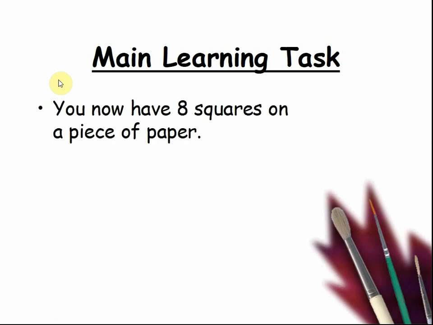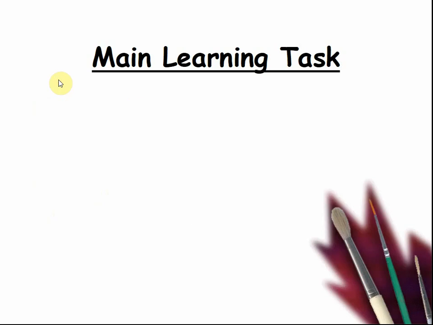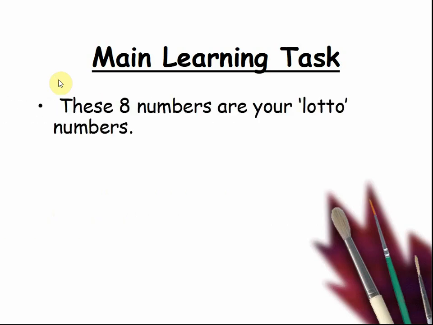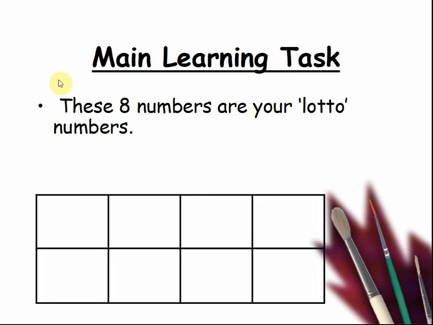You now have 8 squares on a piece of paper. Fill in each box with a number less than 36. These 8 numbers are your Lotto numbers. So there is your box with 8 squares.